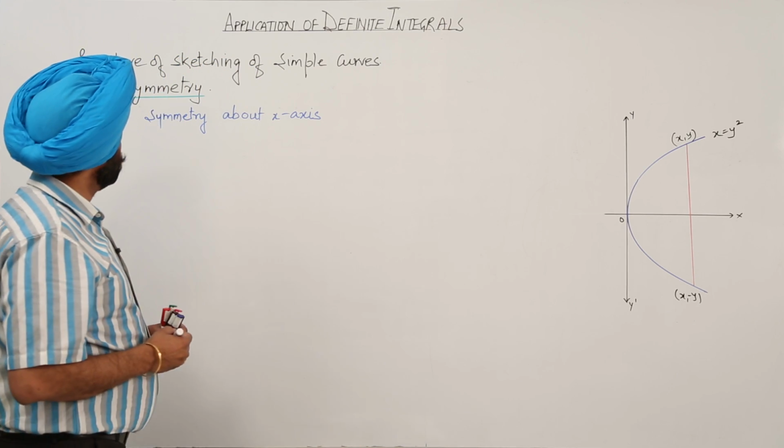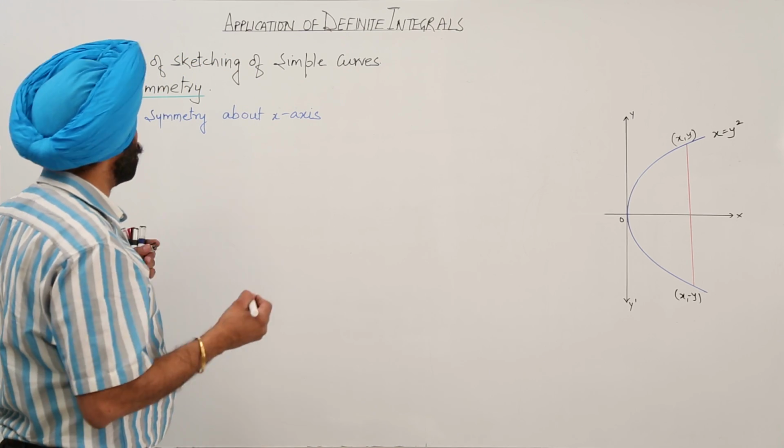Second point for the symmetry is symmetry about the x-axis. Now how is it defined?